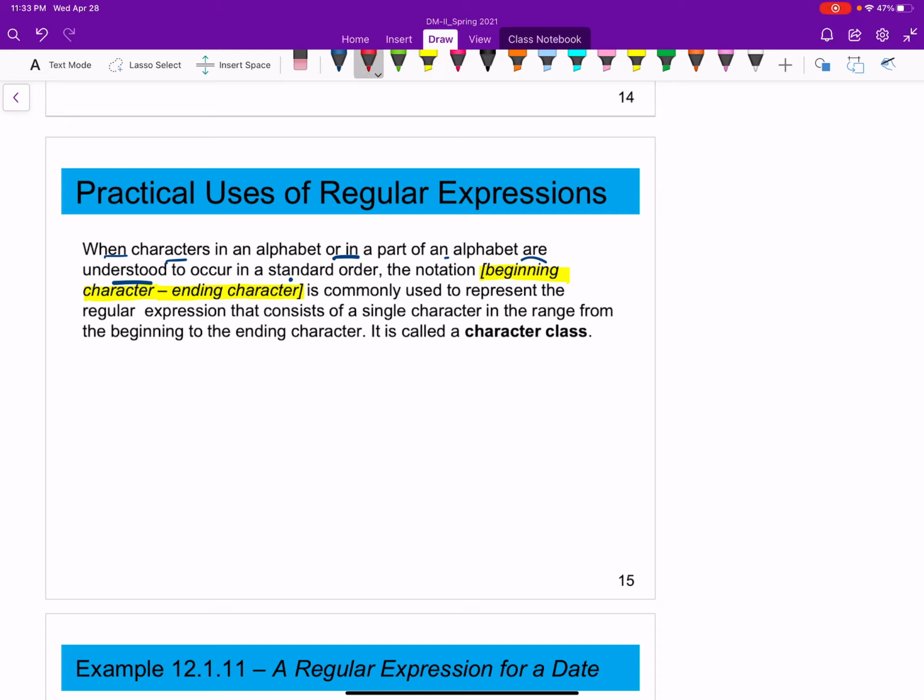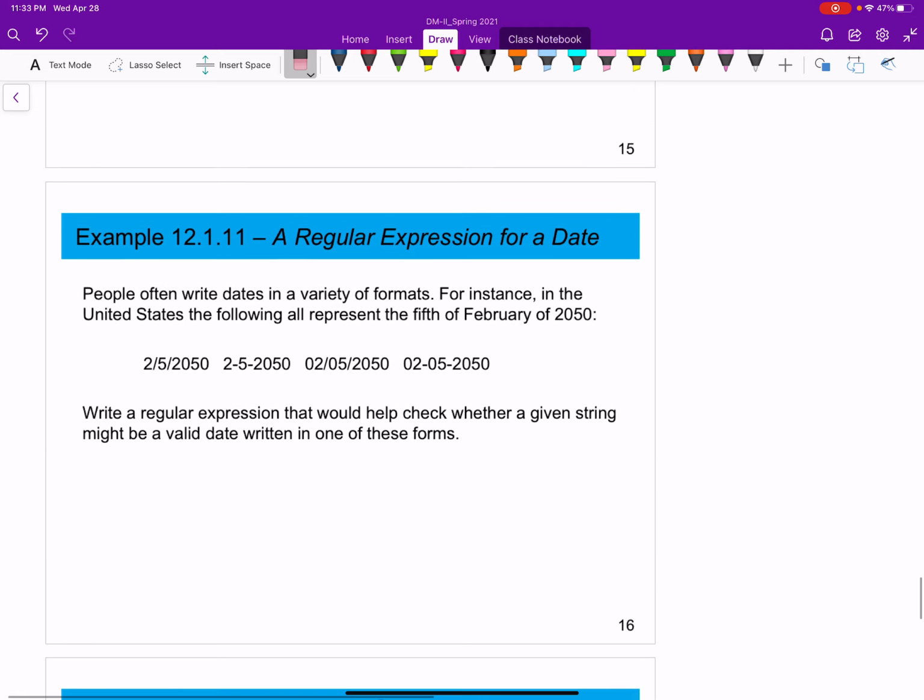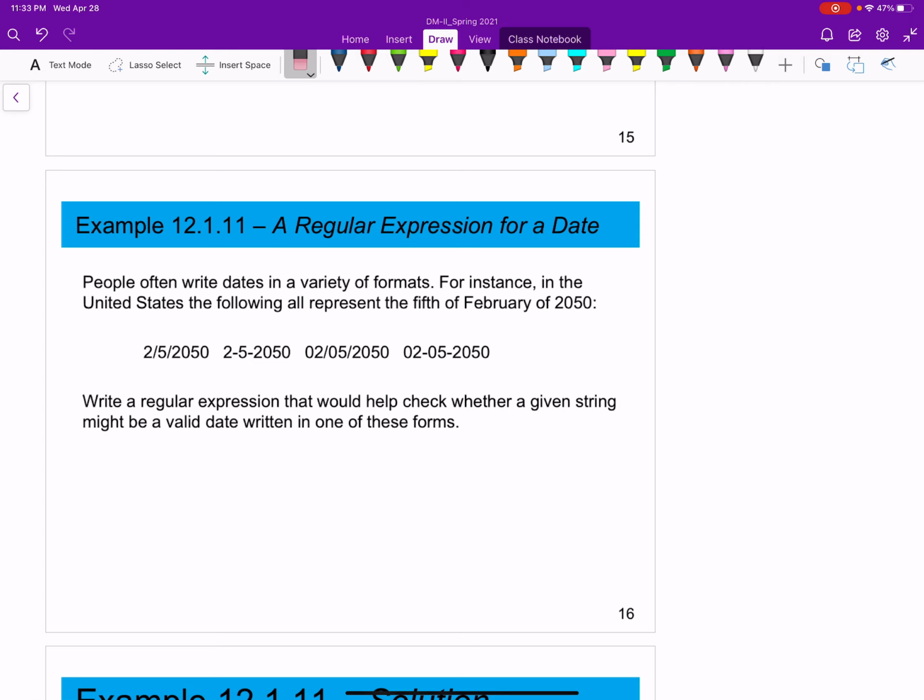It is commonly used to represent regular expressions that consist of a single character in the range from the beginning to the end character. It is called a character class. Alright, let's move to the next example so you can understand that.